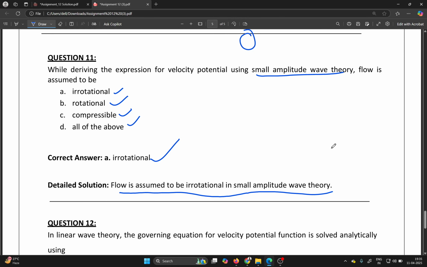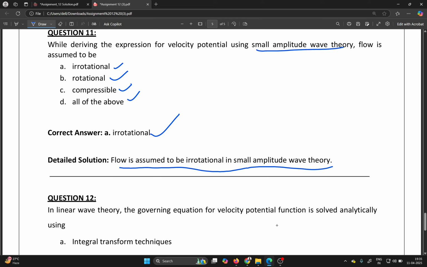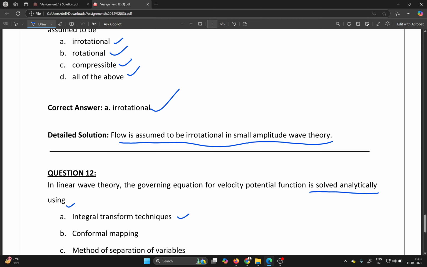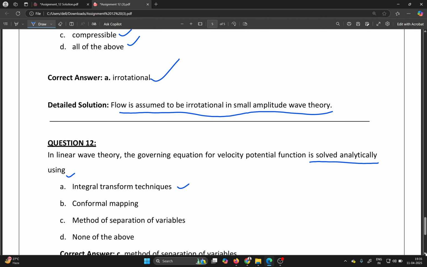The next question is: in linear wave theory, the governing equation for the velocity potential function is solved analytically using: integral transform technique, option B, conformal mapping, method of separation of variables, or none of the above.